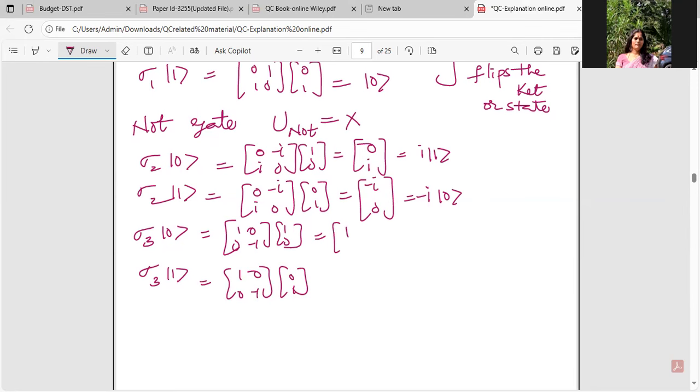If I'm passing ket 0, I'm getting ket 0 only. I'm sorry. For ket 1, 0 minus 1, if I'm passing ket 1, I am getting minus ket 1. No change in state. Change in phase.